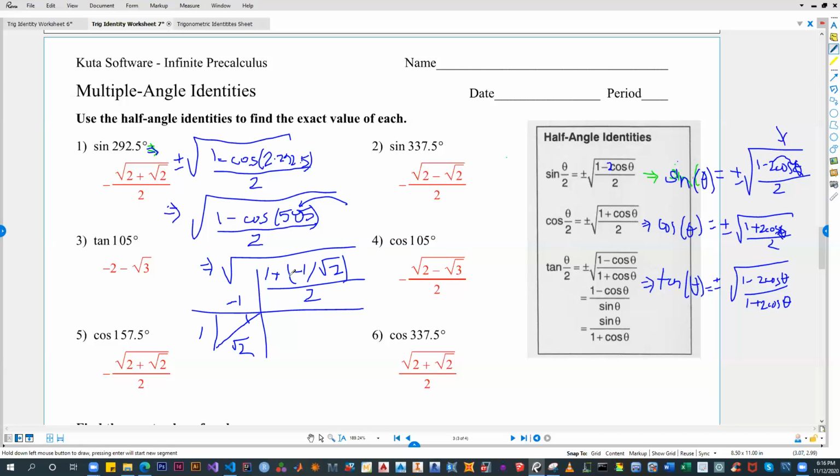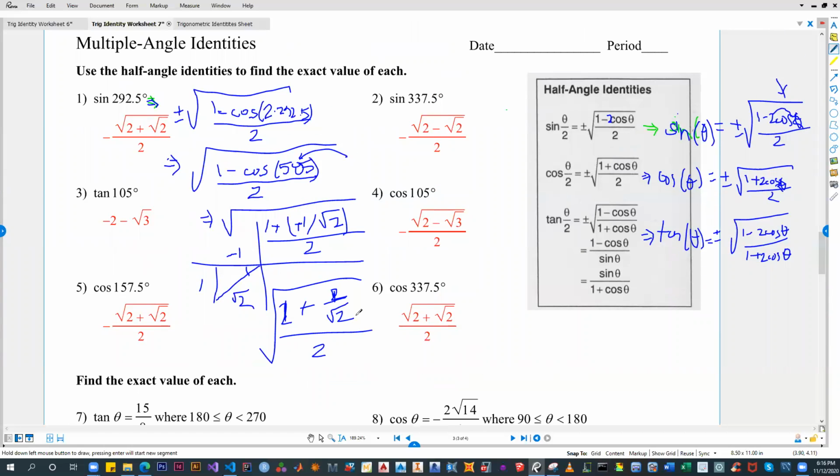That's positive. And so that's 2 plus 2 root 2 over 2. This is 1. This is 1. And it's the square root.